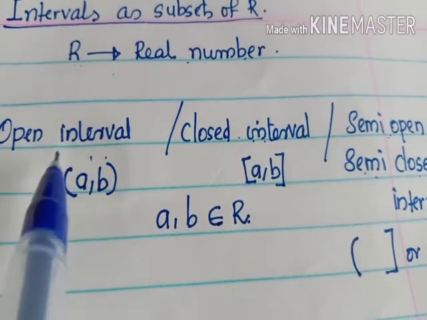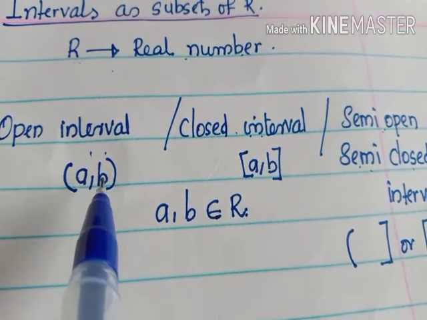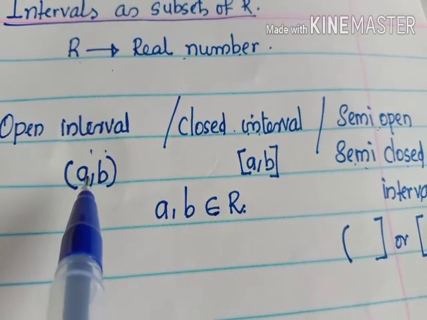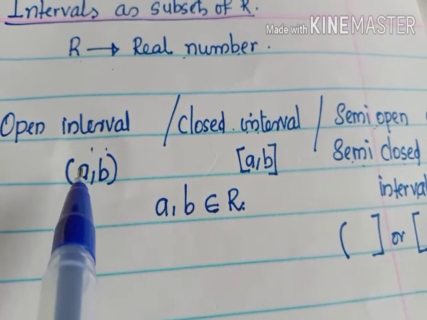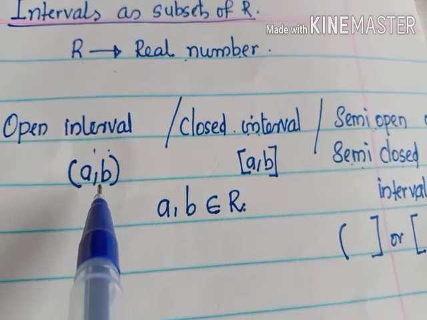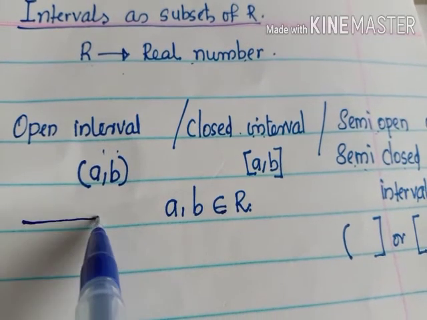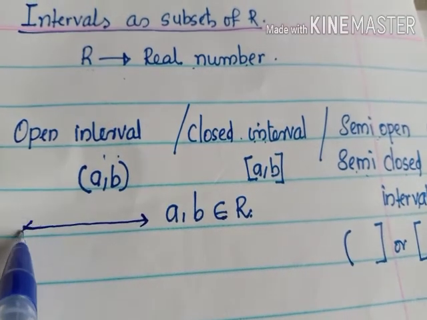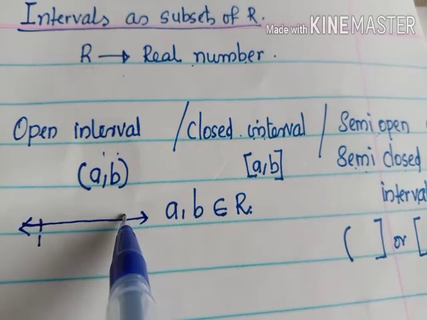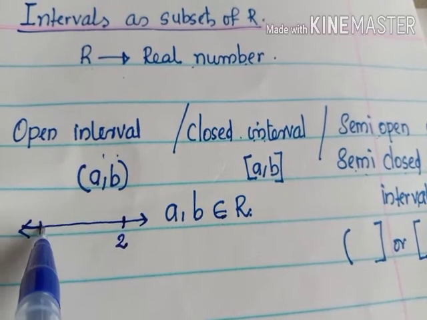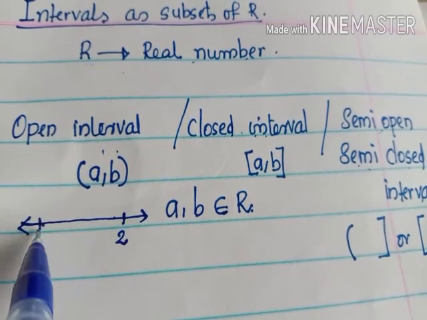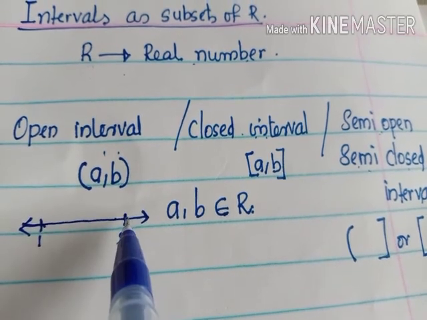So here in the open interval we are excluding the extreme points. No need to consider both A and B, only the numbers between A and B, because if we draw a real line and take the numbers 1 and 2, we know that between 1 and 2 there are infinitely many numbers.